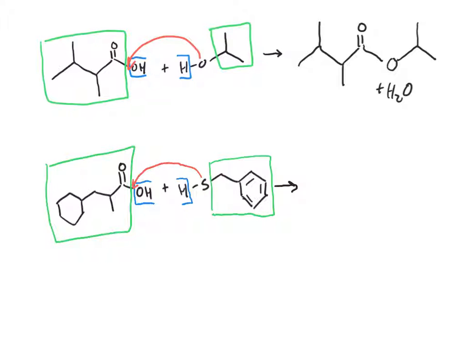And so we simply redraw our product as the carboxylic acid that was first there, minus the OH, and then we redraw our thiol attached to that, minus our hydrogen. And there we have our new thioester, plus water as our other product.